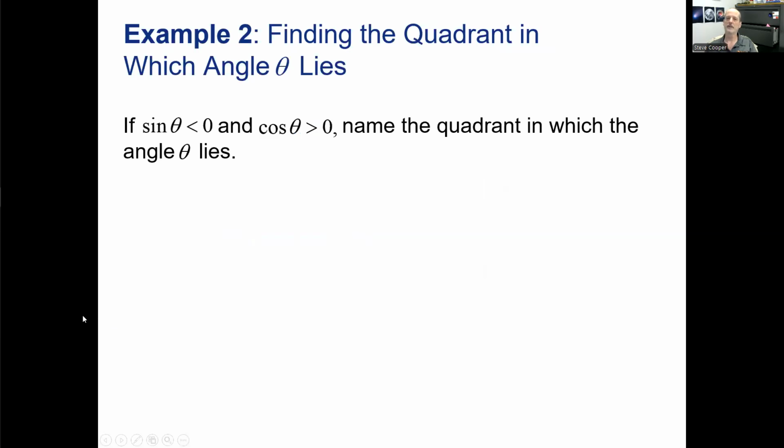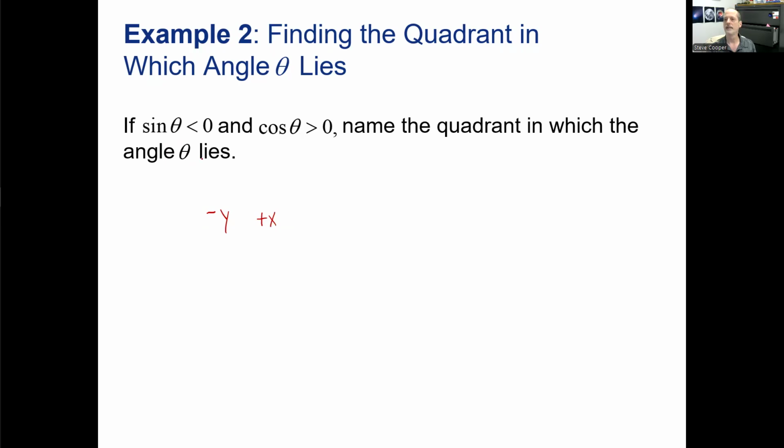Okay, so we're going to do a little thought problem here. If the sine of theta is less than 0, that means y is negative. I'm just going to mark that up, so y negative. And the cosine is greater than 0, that means that x is positive.